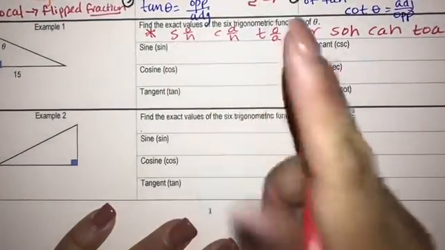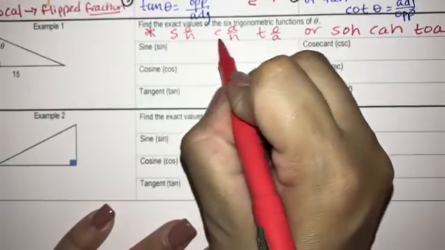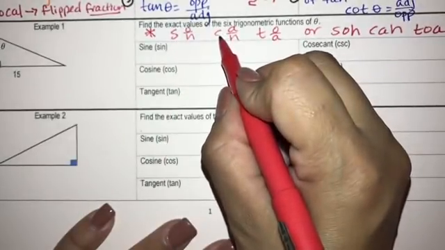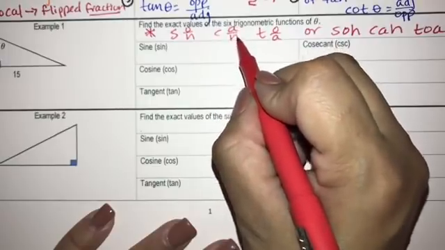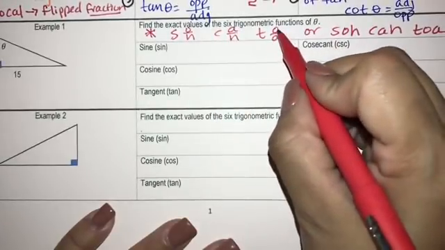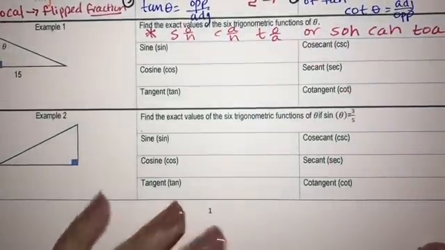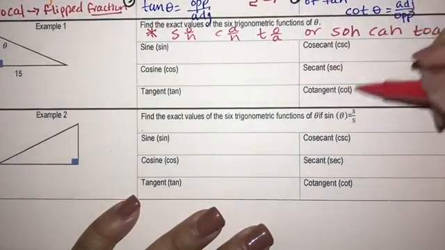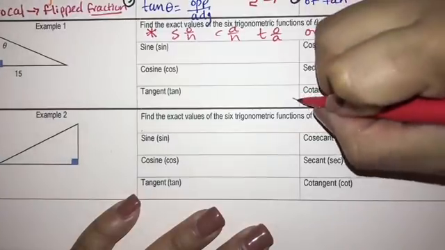It's basically saying that sine is opposite over hypotenuse, cosine is adjacent over hypotenuse, tangent is opposite over adjacent. And then you know all of these right in here are reciprocals.